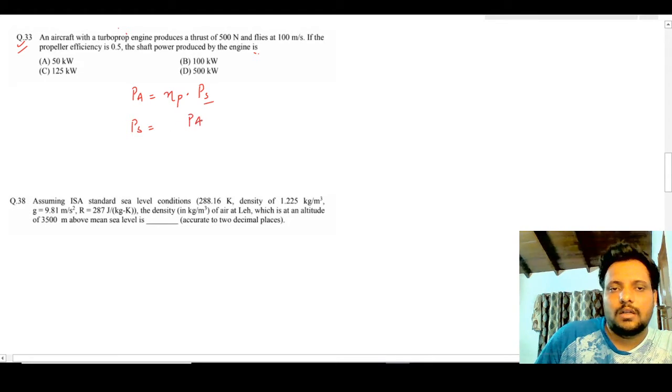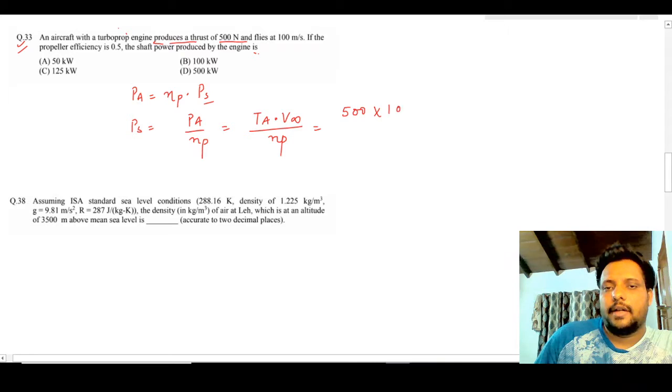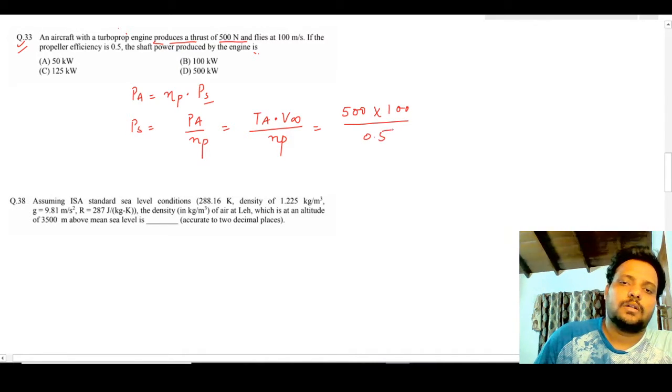So PS equals PA by propeller efficiency, and PA, which is power available, is nothing but thrust available into velocity. In this problem the thrust available, which is the thrust produced by the engine, is 500 newtons, the velocity is 100 meters per second, and the propeller efficiency is 0.5.